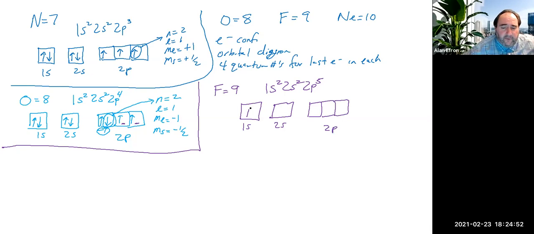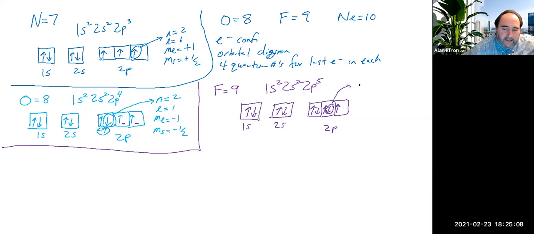Again, filling order up and down, up, down. Again, one at a time in the upwards direction. At this point, coming back around and pairing off. The next one would go into that center orbital.